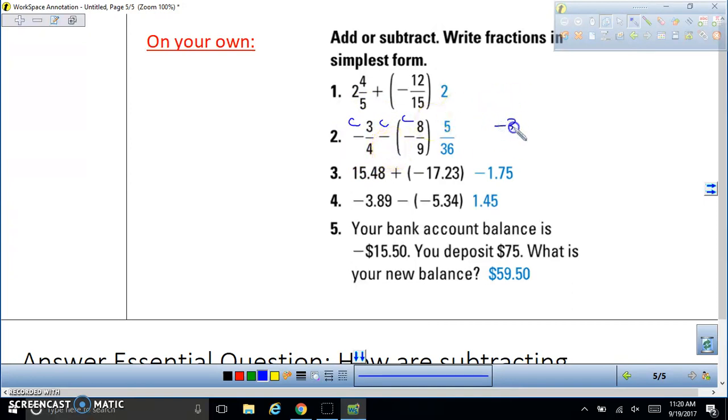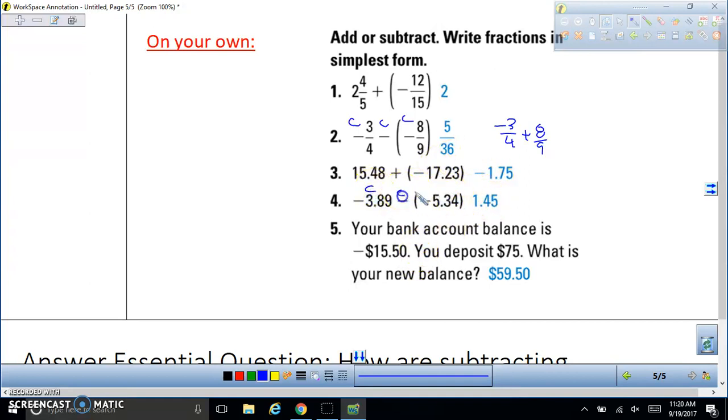It turned into negative 3/4 plus 8/9. Okay, so then you had to get like bases, and then you had to go through and do that addition. All right, which one was further from 0? 15.48 or negative 17.23. The negative is, so we did the subtraction, kept that negative sign.